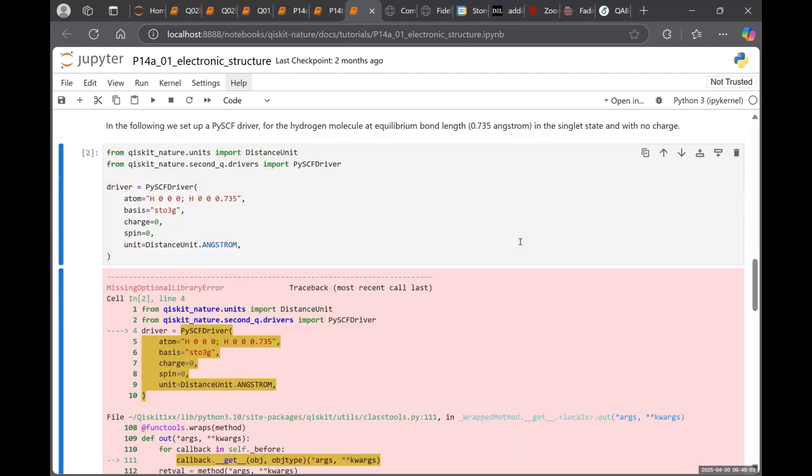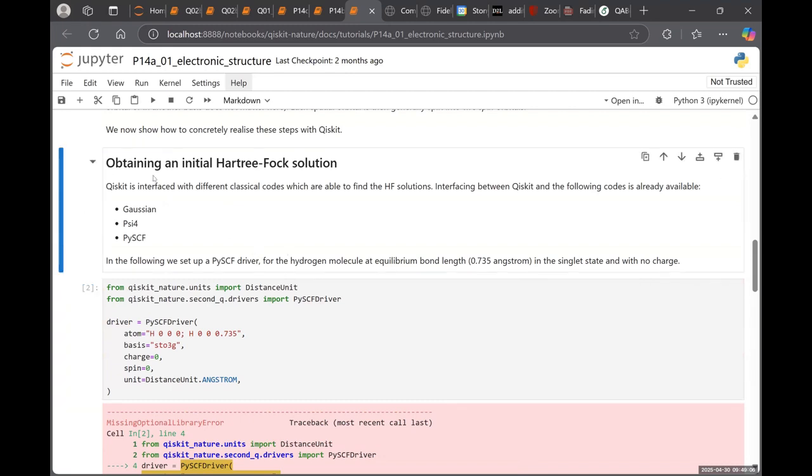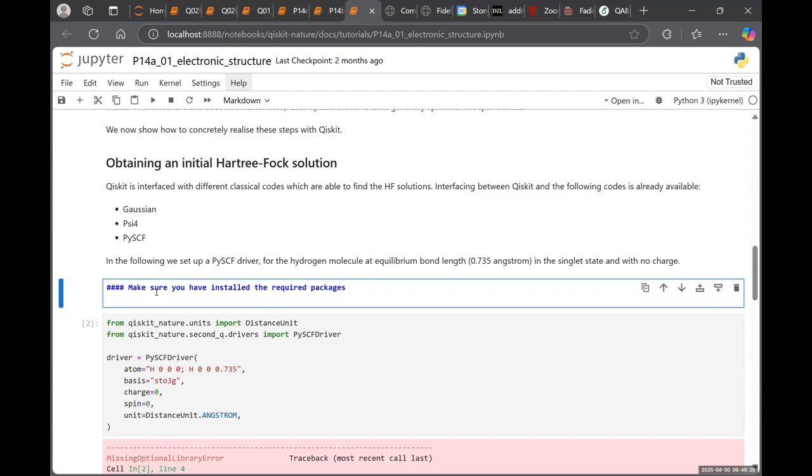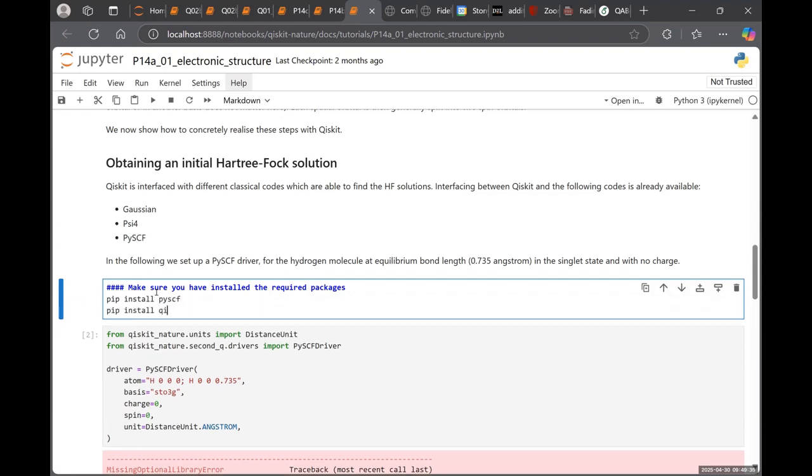Maybe let me make a remark here: make sure you install the required packages, PySCF and Qiskit-Nature, something like this.